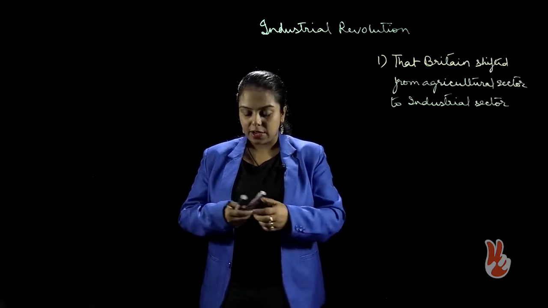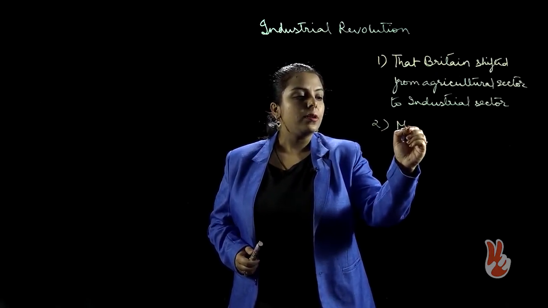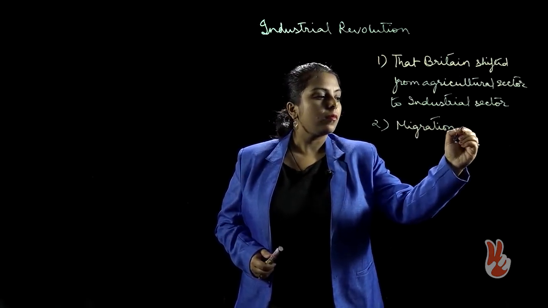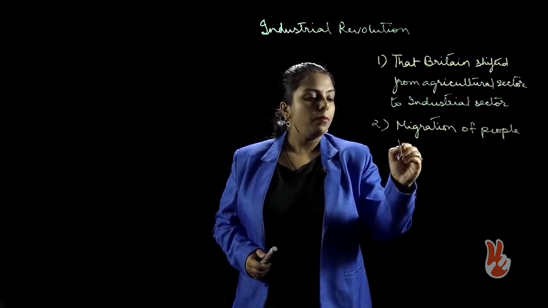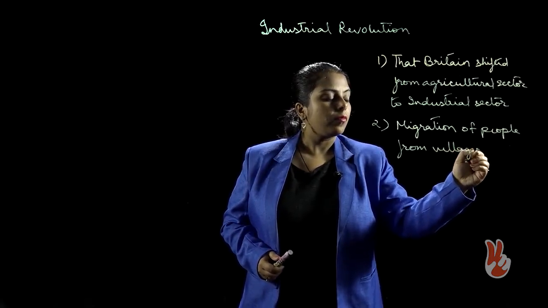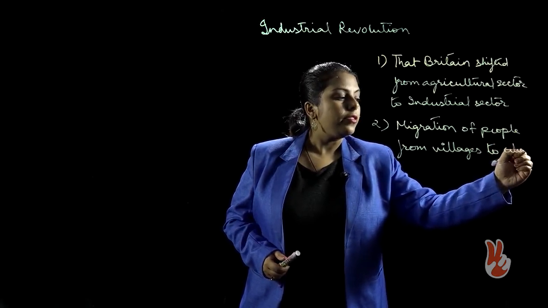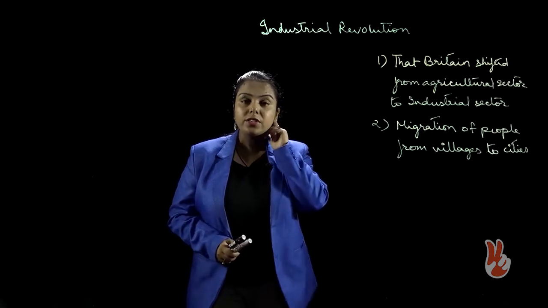What was the next effect? The next effect, if we see, was migration of people from villages to cities. This was one of the major impacts of the Industrial Revolution.